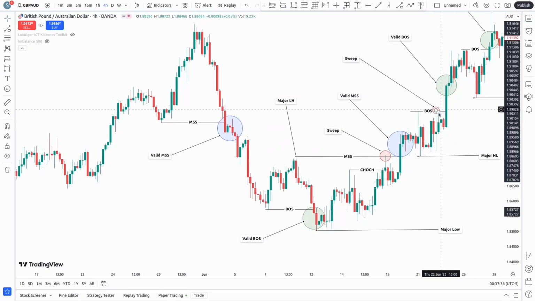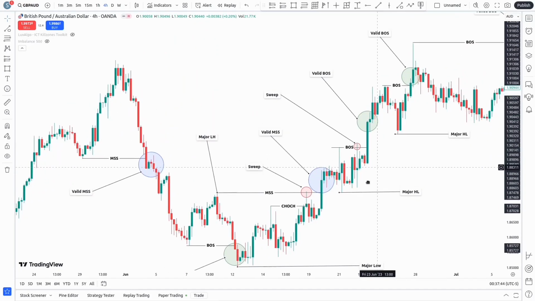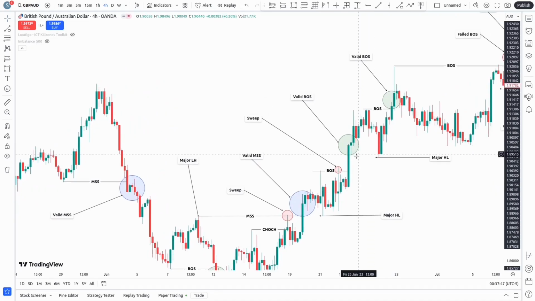So this is not a break, this is a liquidity sweep. So price keeps going, keeps moving till it forms another high. When price forms another high here, it pulls back.